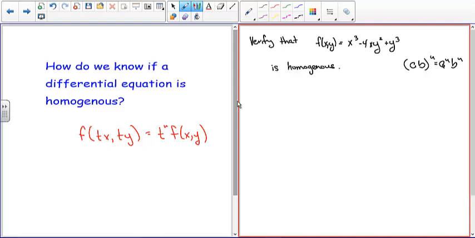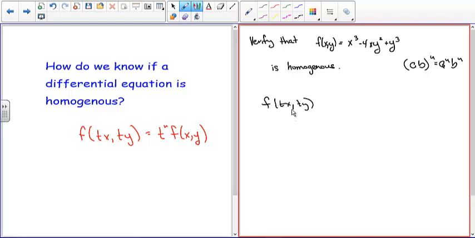Verify that it is homogeneous. What you do is take the original equation, and for x you substitute in t times x, and for y you substitute t times y. So let's plug that in: we're going to do f of tx and ty.